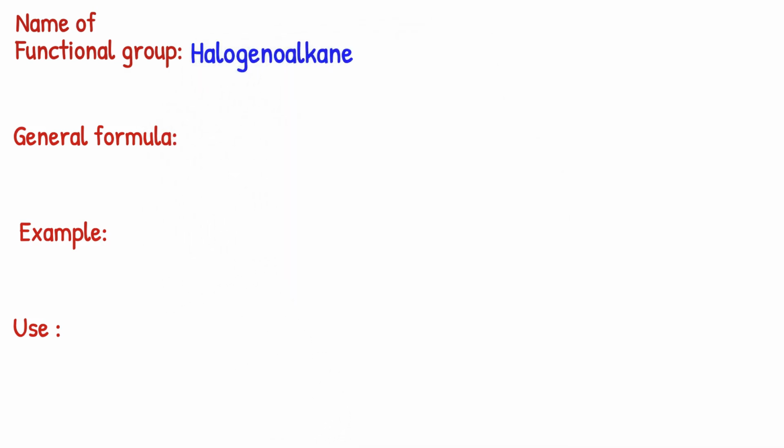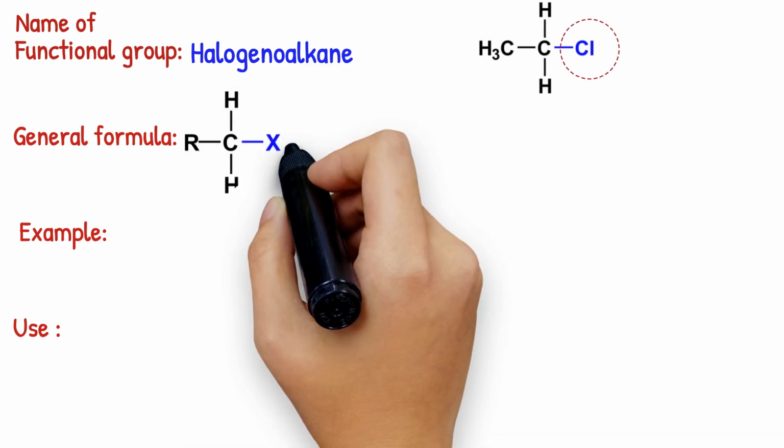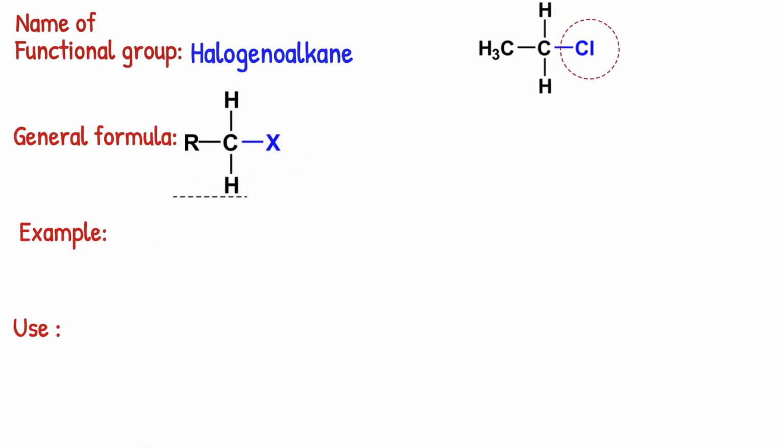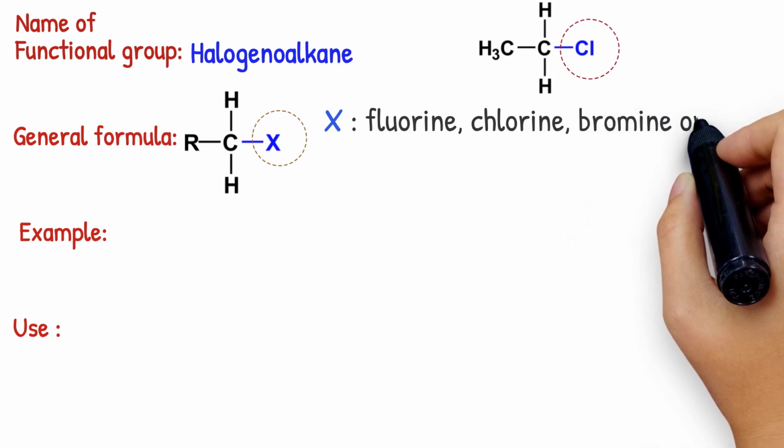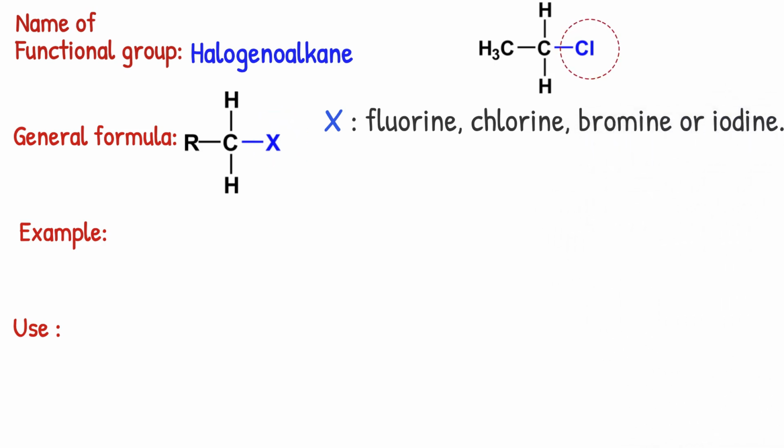Halogenoalkanes functional group. Consider the following example. This is a halogenoalkane. This is an element from group 7, halogen element. The general formula of halogenoalkanes is alkyl group bonded to halogen atom. X stands for halogen elements. Halogen elements are elements from group 7: fluorine, chlorine, bromine, or iodine.